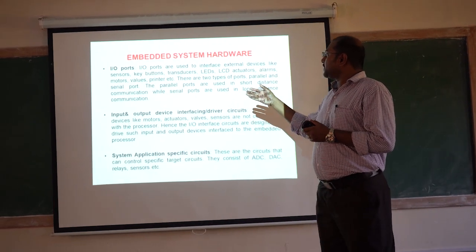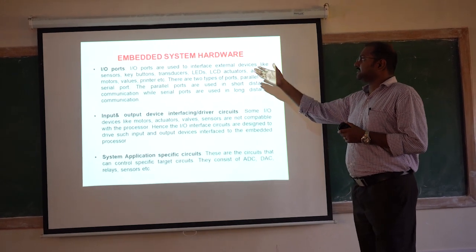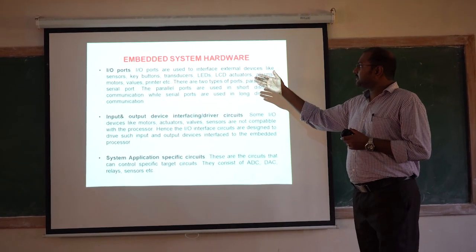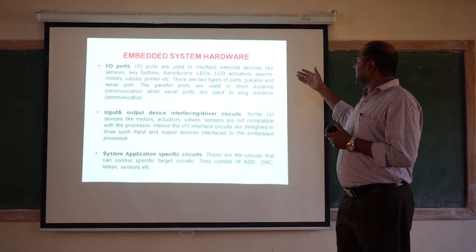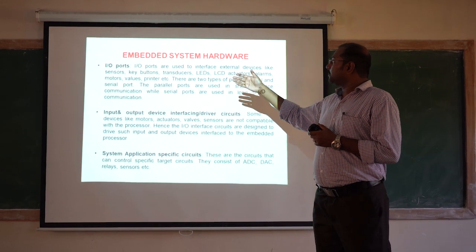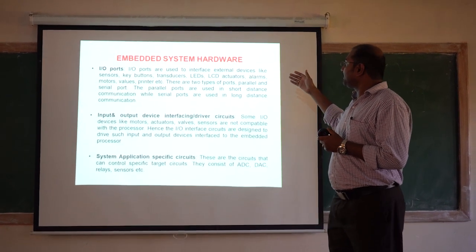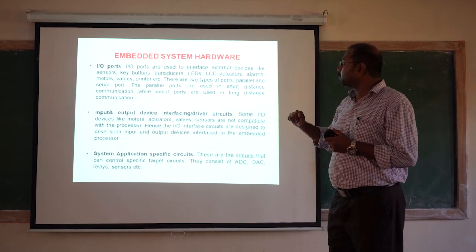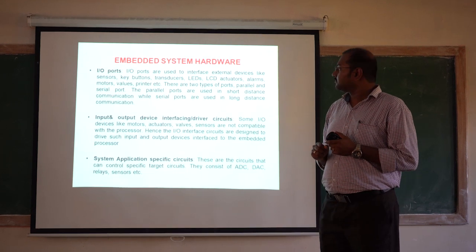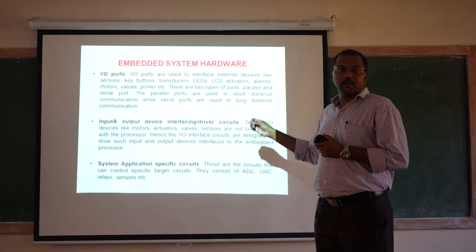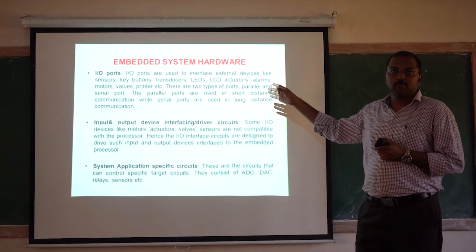The IO ports are used to interface external devices like sensors, key buttons, transducers, LED, LCD, alarm, valve, printer, etc. There are two types of ports: one is the parallel port and the other is the serial port. The parallel port is used in short distance communication, while the serial port is used for long distance communications. So that comes under IO ports.